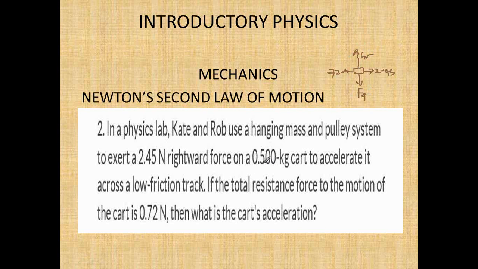The mass of the cart is 0.5 kilograms, and the force of gravity is mass times acceleration due to gravity. If we assume gravity is 10 meters per second squared for simplicity, then 10 times 0.5 is 5. So our force of gravity is 5 newtons. Our normal force is the same, 5 newtons.